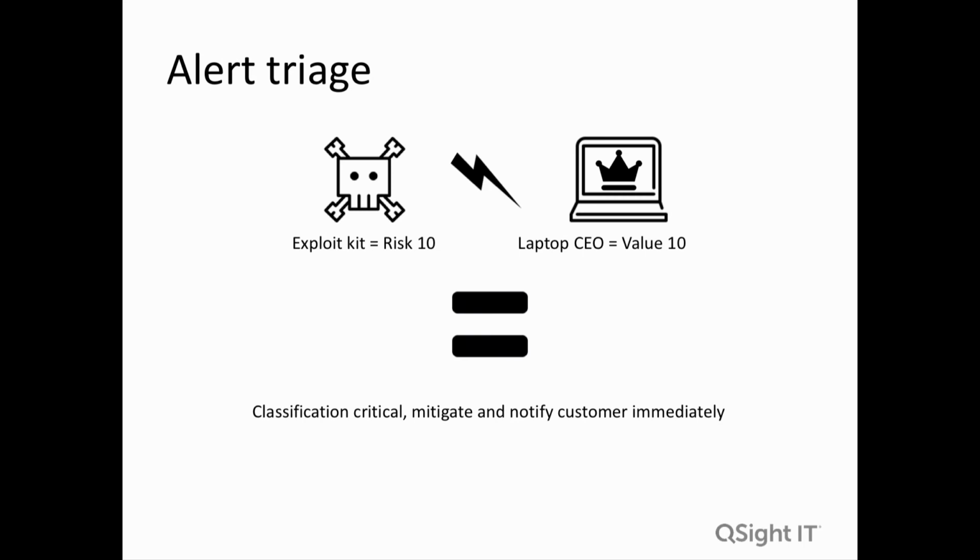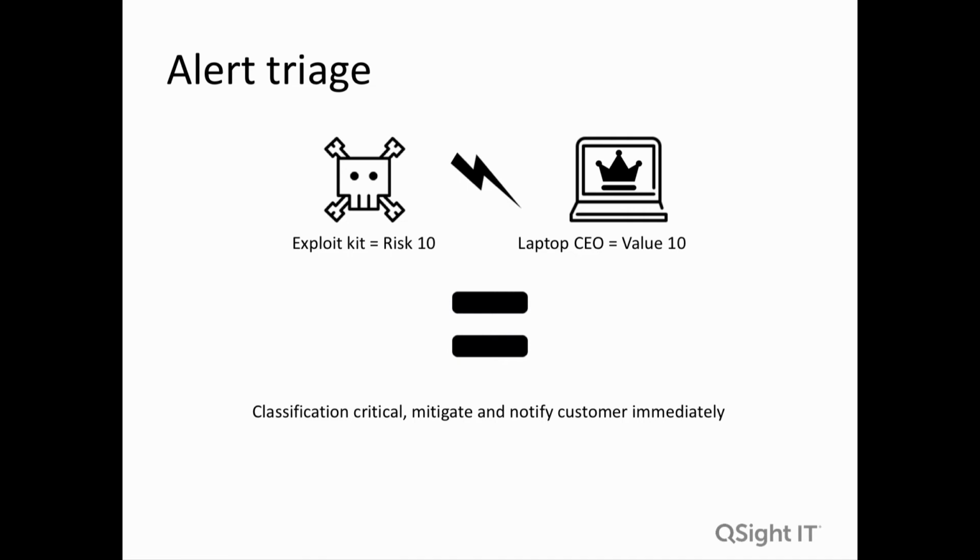So that was that one, and like I said, I promised this alert triage tab. We also enhanced that. Continuing the example, the exploit kit, that's a risk 10, right? Very dangerous, just for the sake of the example. And it's found on a laptop from the CEO.